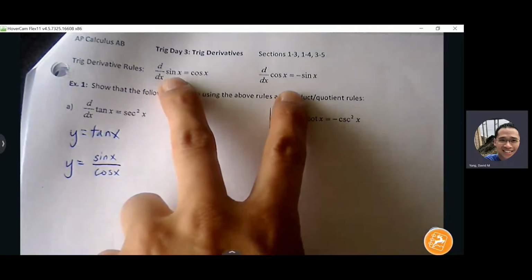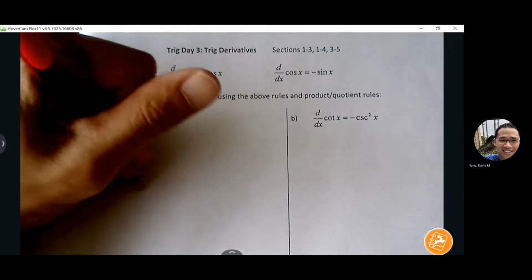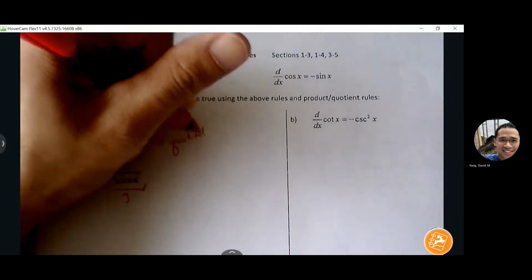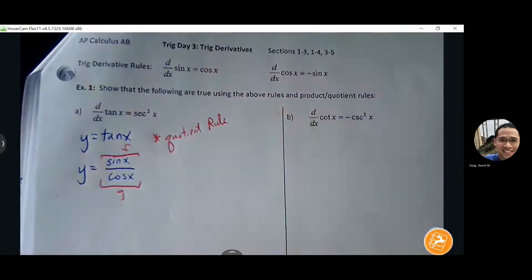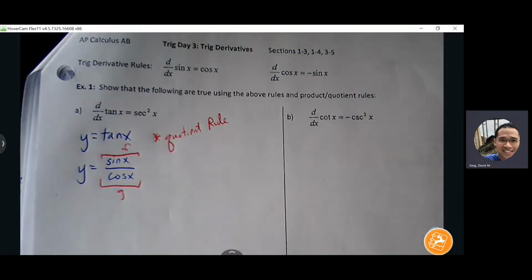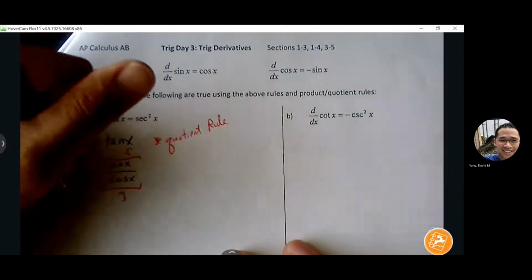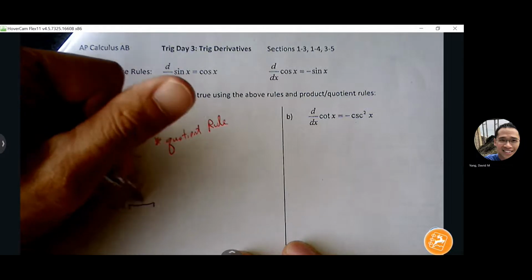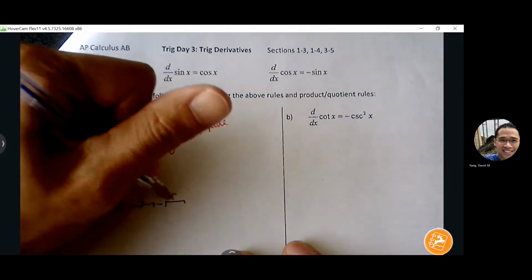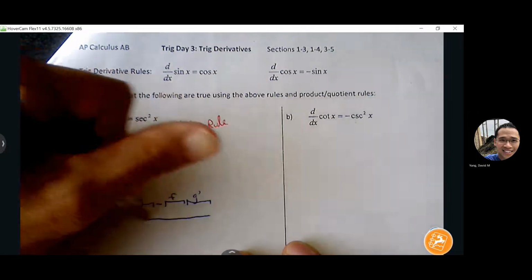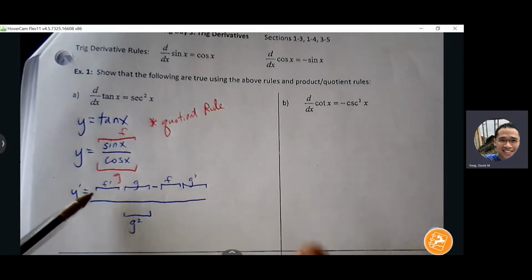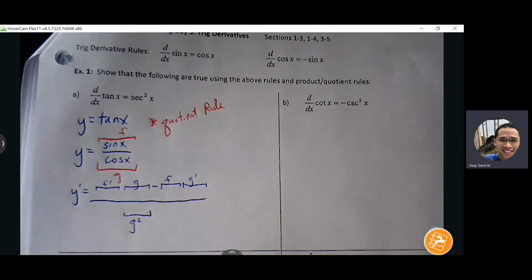Quotient rule, we have everything that we need, but we're going to go through quotient rule. f prime g minus f g prime all over g squared. So f prime, what's sine's derivative?